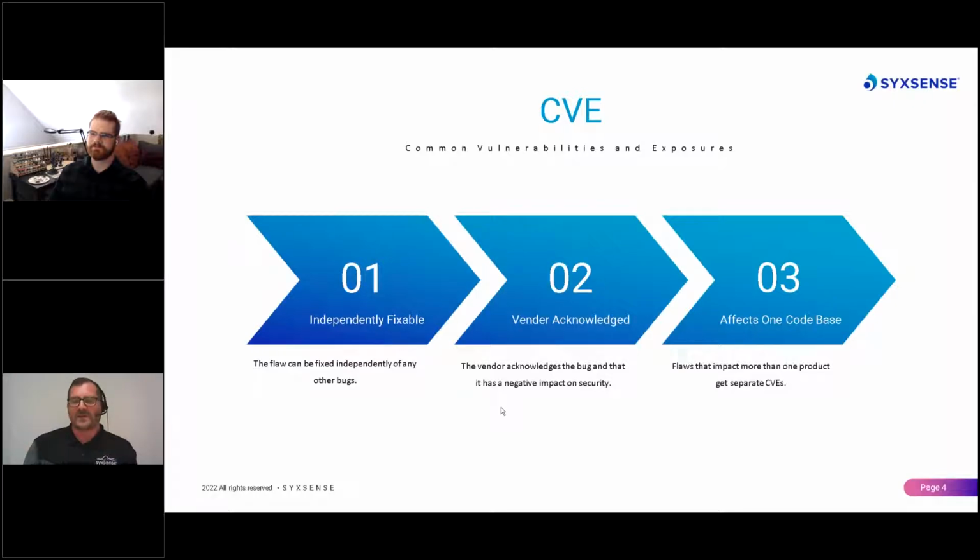And normally what happens is the vendor themselves will acknowledge that a vulnerability exists, and they will detail exactly how that vulnerability exists and how it's remediated, if in fact there is a remediation, and they will publish that to a very independent database. So you can see all of the CVEs that are created for all of the vendors across.